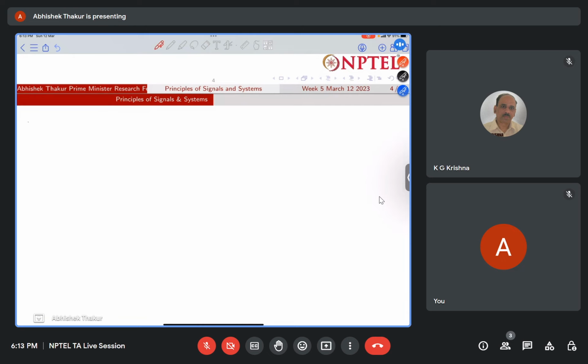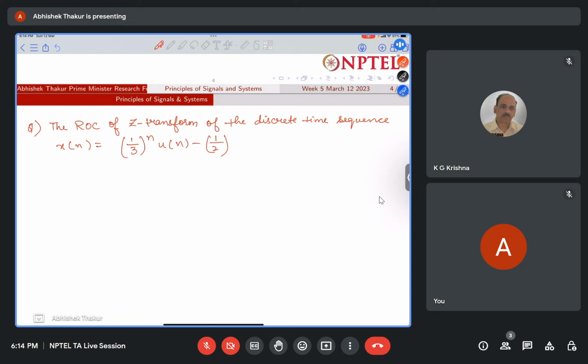So we'll take the first question of today's lecture, that is, the ROC of the Z transform of the discrete time sequence x[n] equal to (1 by 3) to the power n u[n] minus (1 by 2) to the power n u[minus n minus 1].